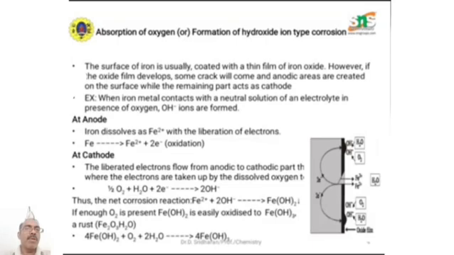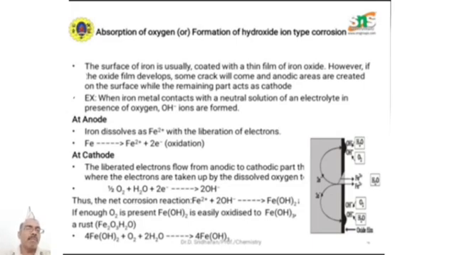Next, absorption of oxygen or formation of hydroxide ion type corrosion. The surface of iron is usually coated with a thin film of iron oxide. However, if the oxide film develops some cracks, anodic areas are created on the surface while the remaining part acts as a cathode.